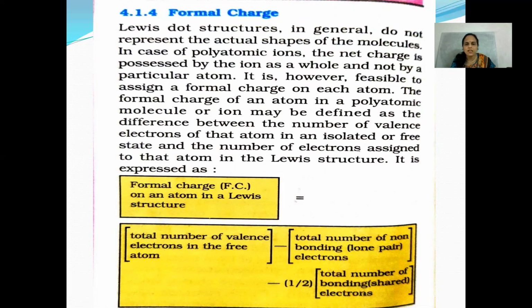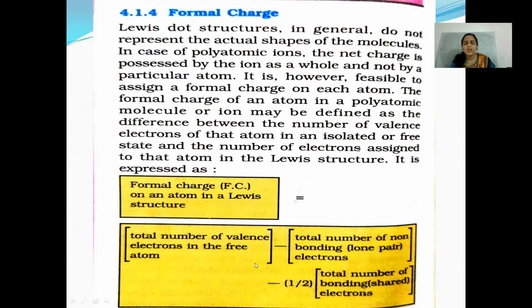So it is expressed as formal charge equals total number of valence electrons in the free atom minus total number of non-bonding electrons minus half the total number of shared electrons.